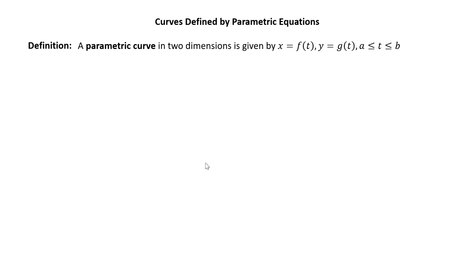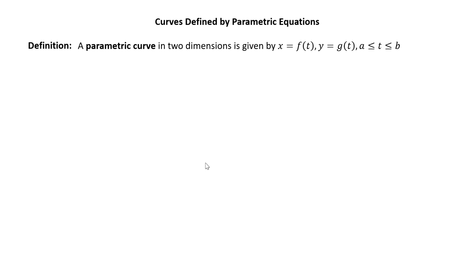What if you were to have a two-dimensional curve which passes neither the vertical line test nor the horizontal test? Like imagine a circle. Yeah, a simple circle should be good enough. You cannot actually write a circle as y equals some f of x, nor can you write it as x equals f of y. However, by using these parametric equations, we can define even a circle.